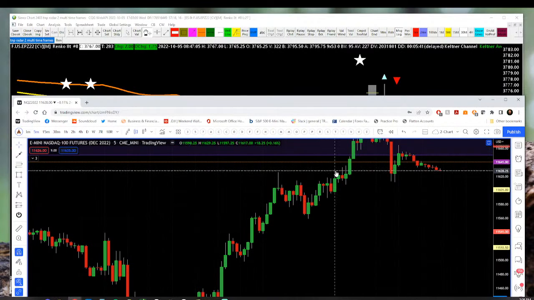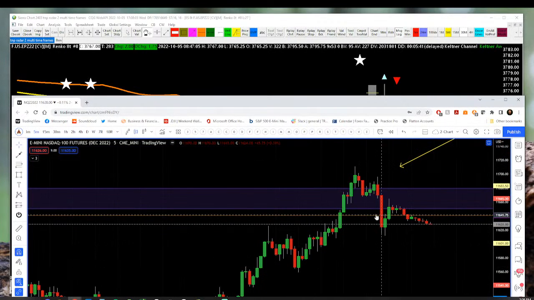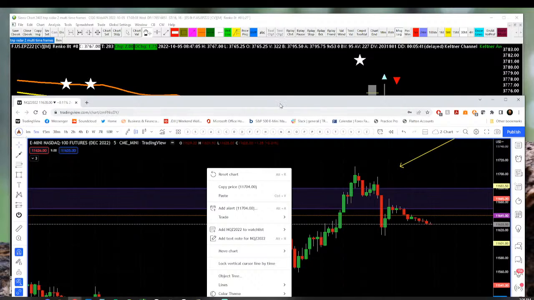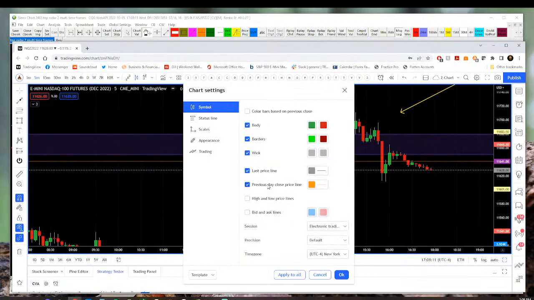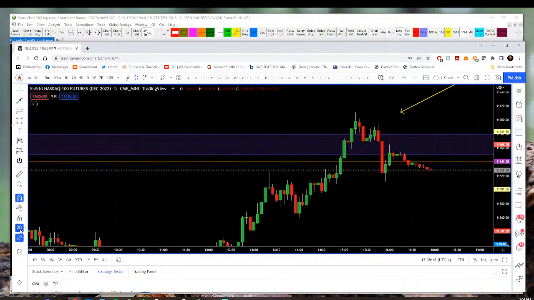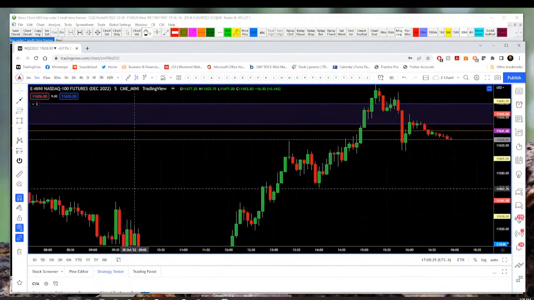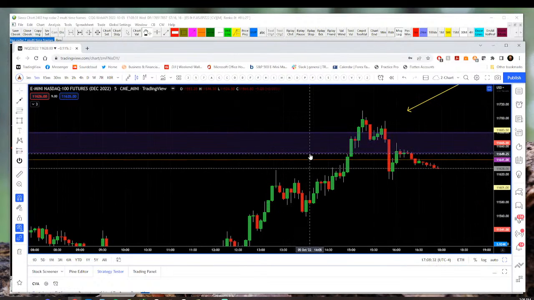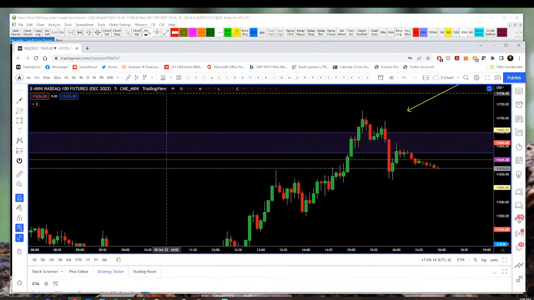The orange dotted line is yesterday's close, which you can add in TradingView by going to settings, previous day's close, price line, and last. That's what those are. I had some fibs drawn in here, but I don't think that's what you're talking about. If you mean the fibs I drew, those are dashed lines, but that's something different. Those are just levels I'm watching for interactions.